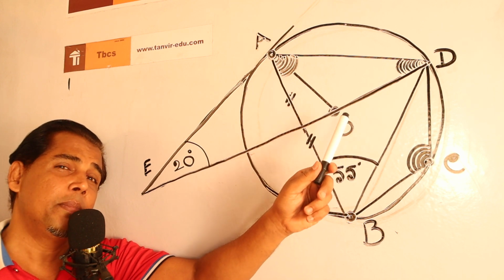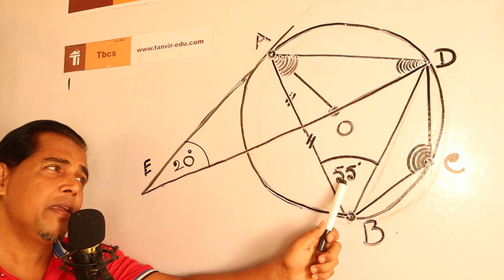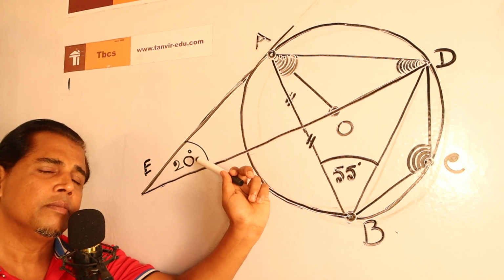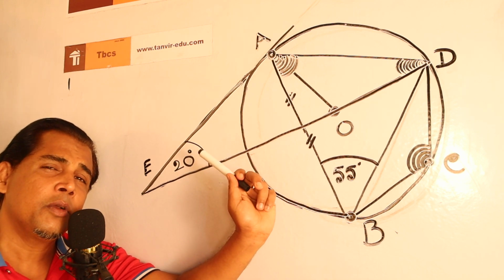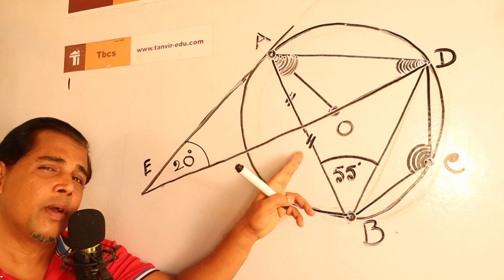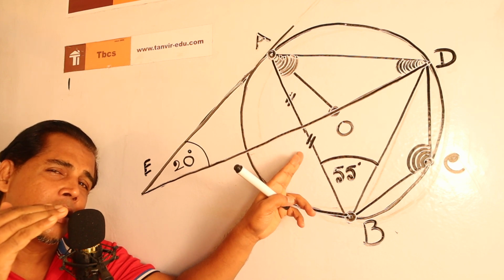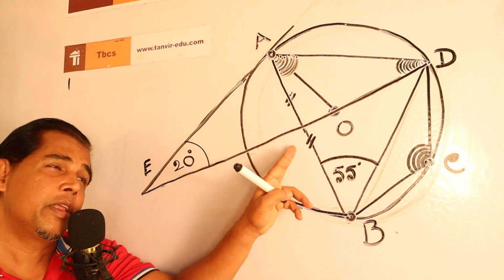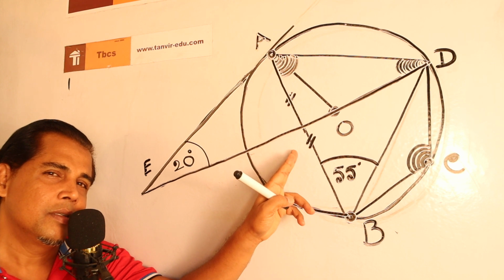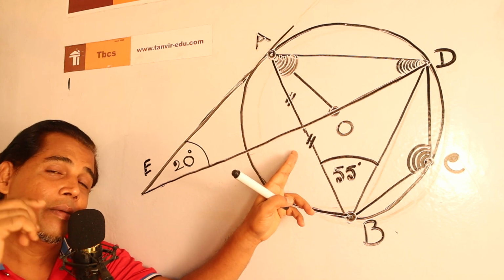So this has been drawn here, and only the data 55 and 20 degrees are given. In the question it was written that this side and that side are equal, so from the language, the phenomenon has been drawn here on the same diagram.